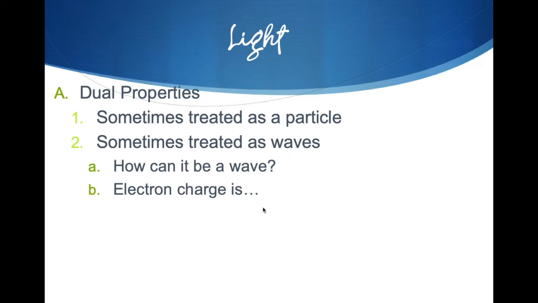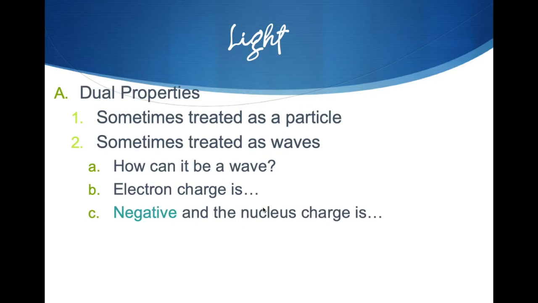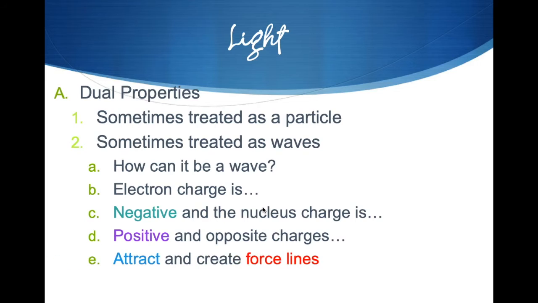Well, remember that matter is all made of atoms, and inside every atom there are electrons. And the charge on an electron is, think about what is it? It's negative, right? And the nucleus charge of that atom is, can you think of it? It is positive. Since you have a negative electron and a positive nucleus, those opposite charges, of course, attract.